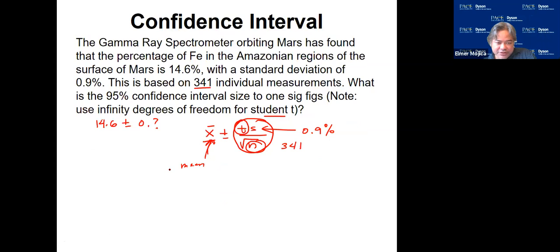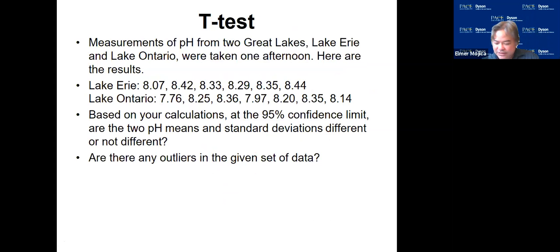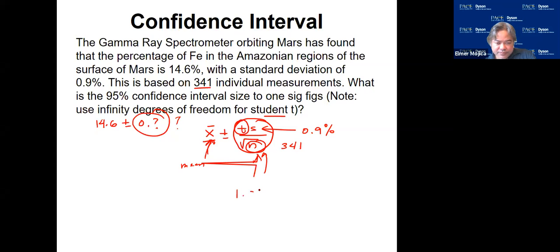So the way that you're going to do is you're just going to determine this one because that's the one that you're being asked. So you're going to replace it with 1.960 times 0.9. You don't need to convert this to fraction. Okay, and then 341. So try to get the value that you get there.